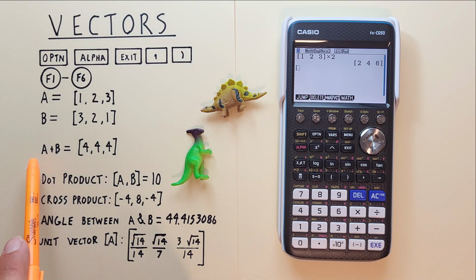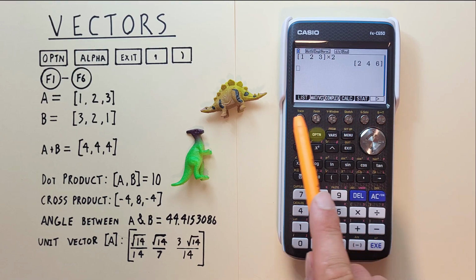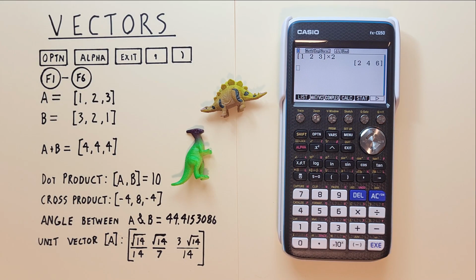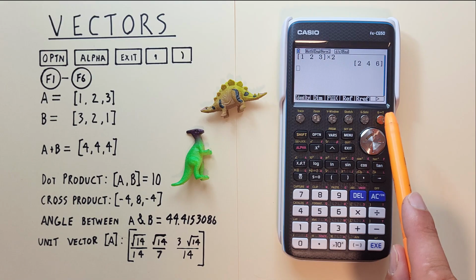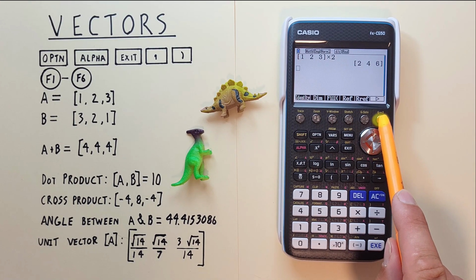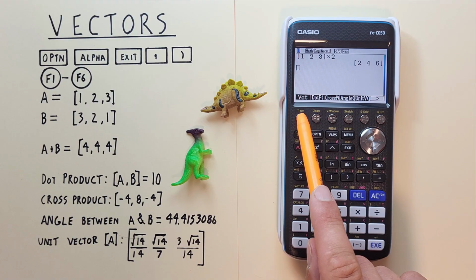Now let's do our vector A plus our vector B. To work with our saved vectors, what we do is hit the Option key so that we see this menu here, and then hit F2, so that we see this menu here. And then if we scroll to the right one with the F6, and again, we see vector here under the F1.